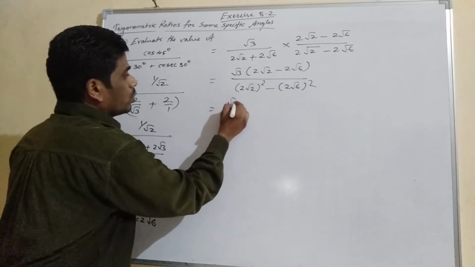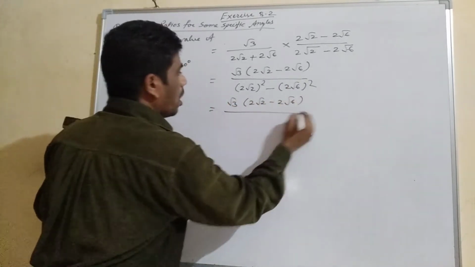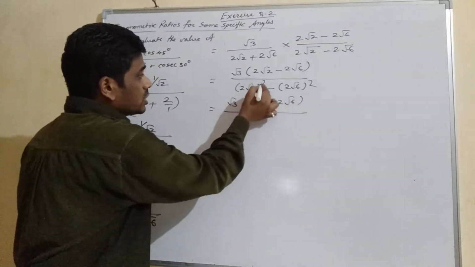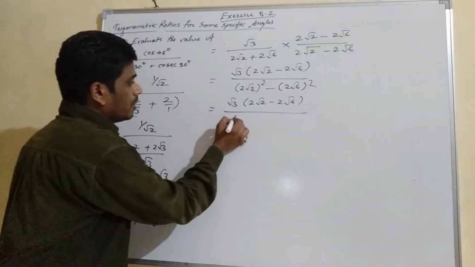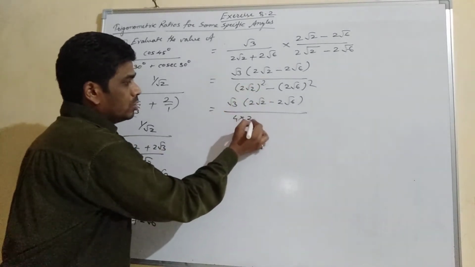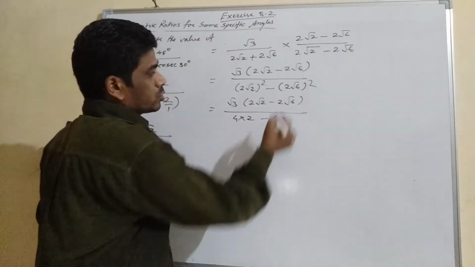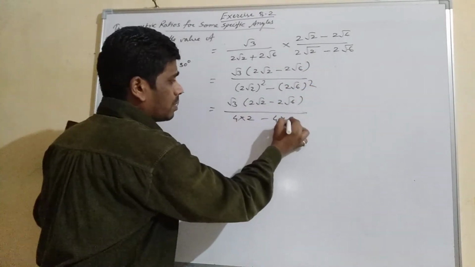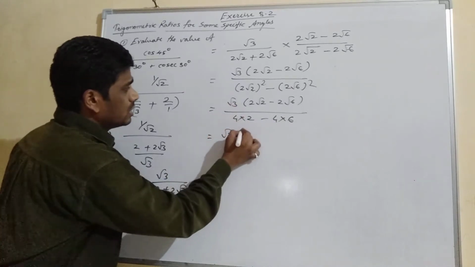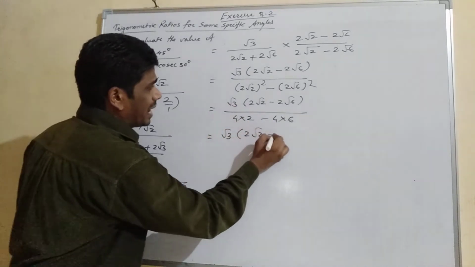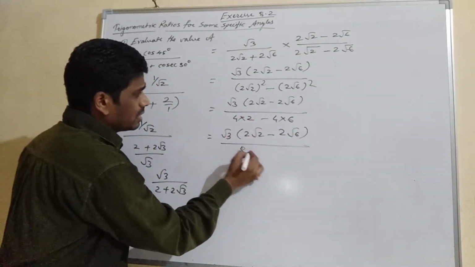Here it is the square of 2 and root 2, so the square of 2 will be 4 into the square of root 2 which is 2. Similarly here 4 into the square of root 6 which is 6. So it will be root 3 into 2 root 2 minus 2 root 6 upon 4 times 2 is 8 minus 6.